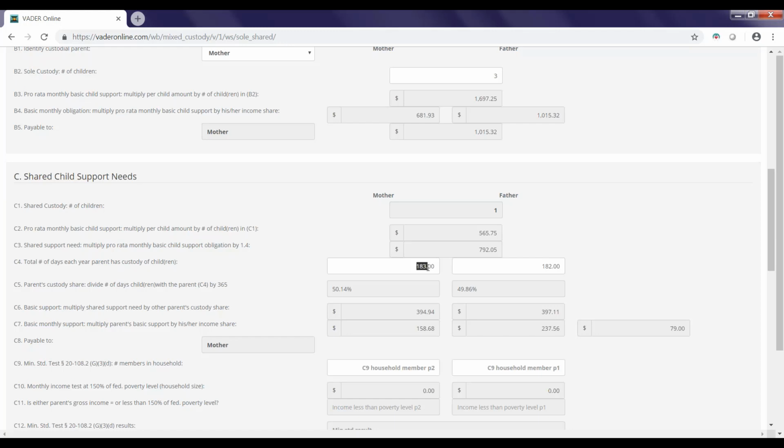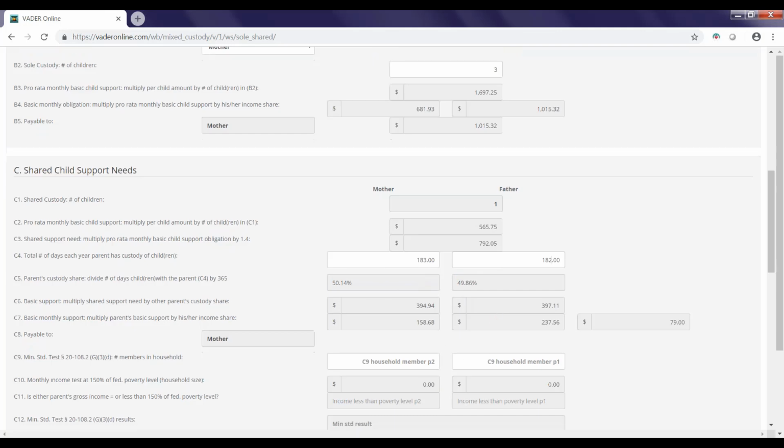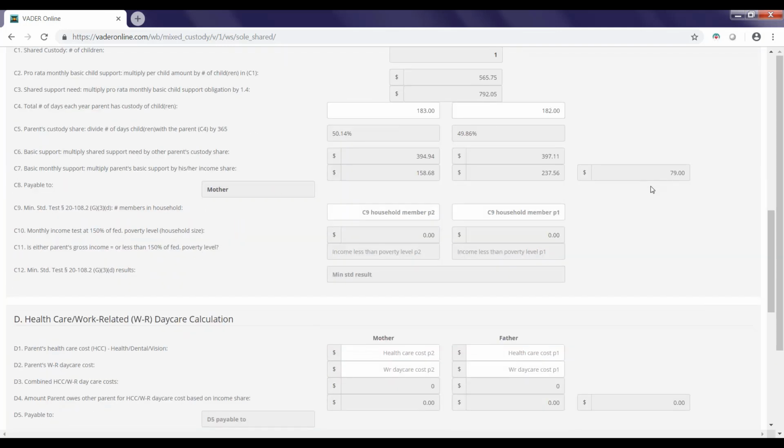And you can see that I typed in 183, and it automatically defaults, whatever number you type in here, 182, 183, the other column over here will automatically default to the number that adds up to 365. All right? So we've done that for this one child, and we discover that under that scenario, mother is owed $79 per month for shared custody of that child.